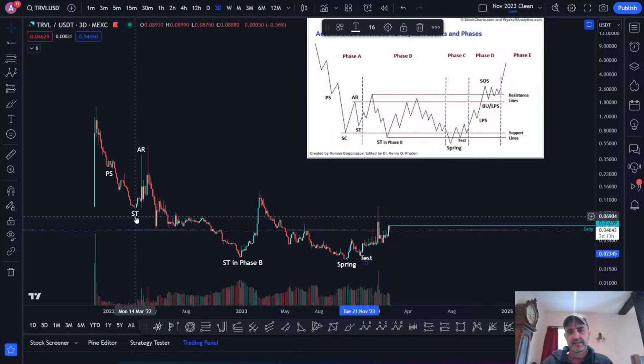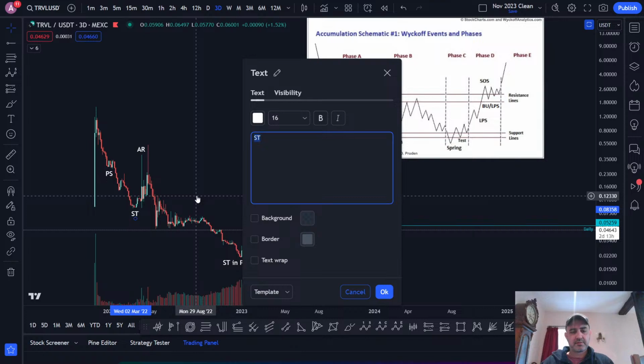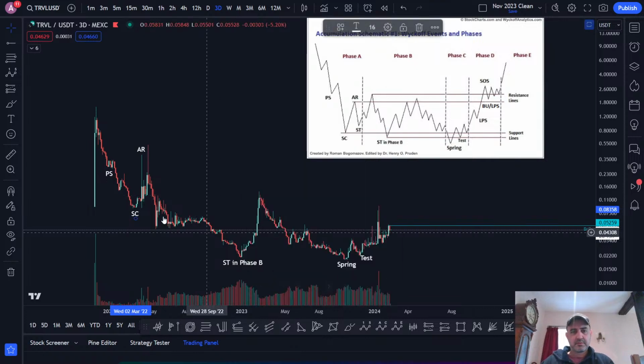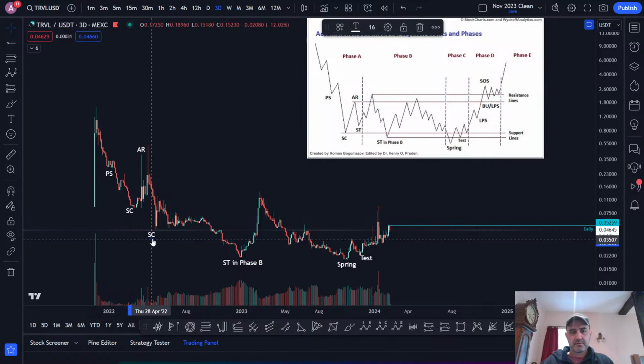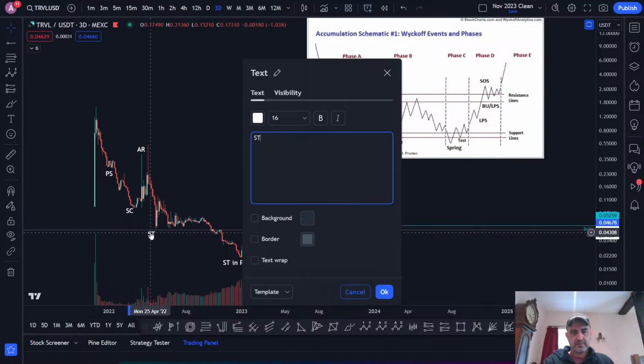It's above the ST. So the ST, there's two STs. That's the SC. So you have some kind of ST there.